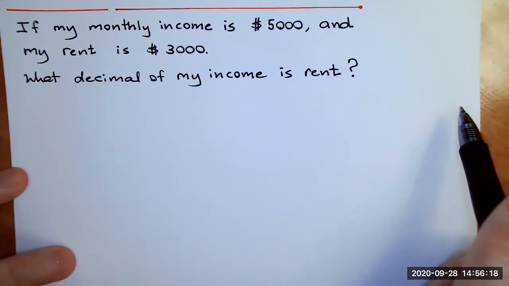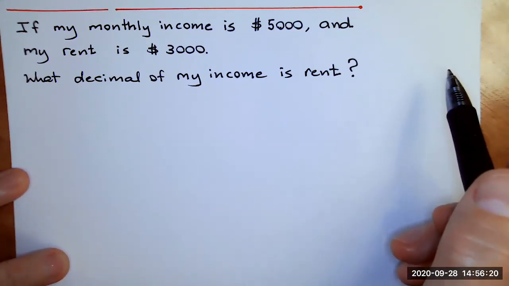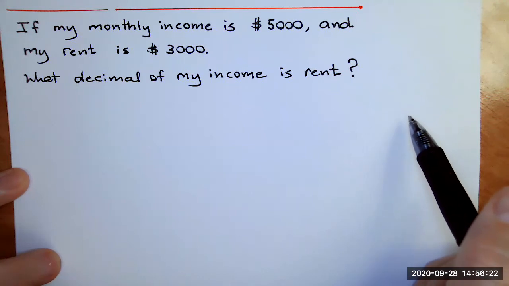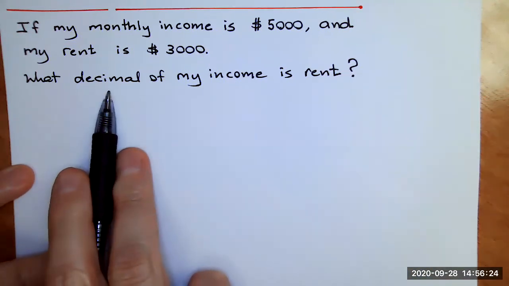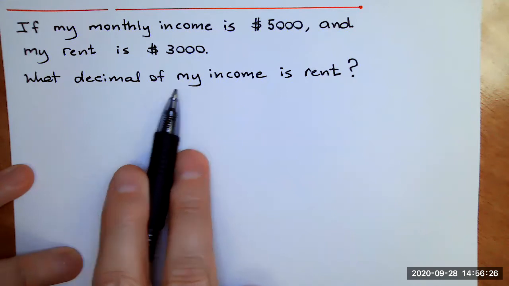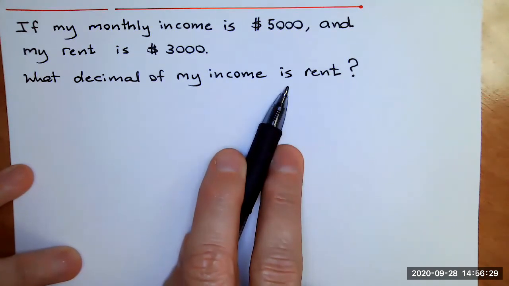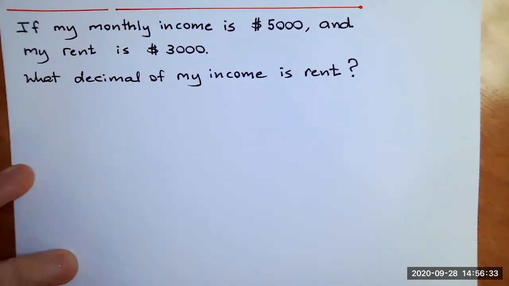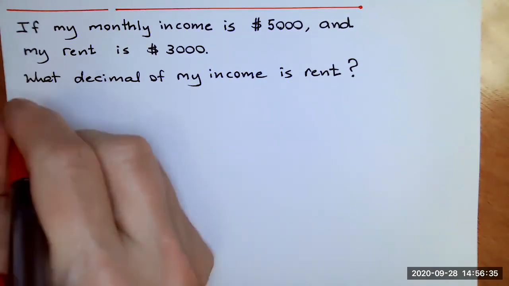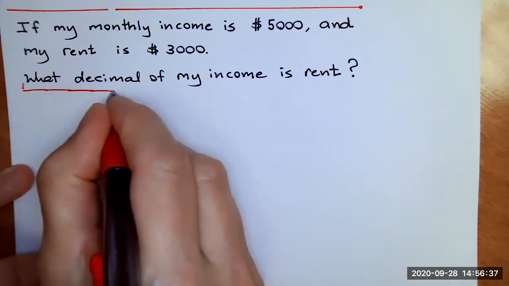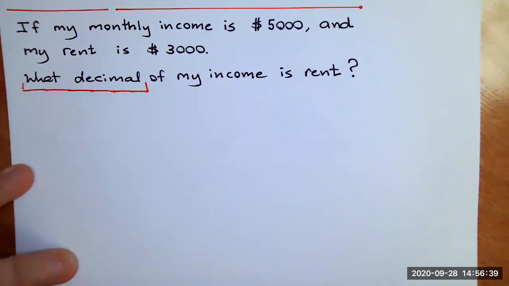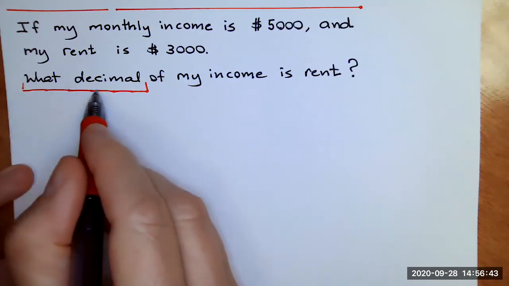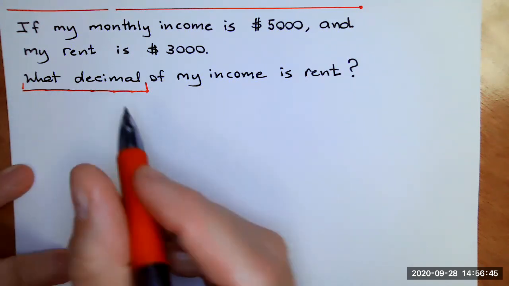Right, if my monthly income is $5,000 and my rent is $3,000, what decimal of my income is rent? So this is a translation problem, similar to the ones we did where we were looking for the fraction of a number. So it's basically the same, only now we're looking for the decimal.